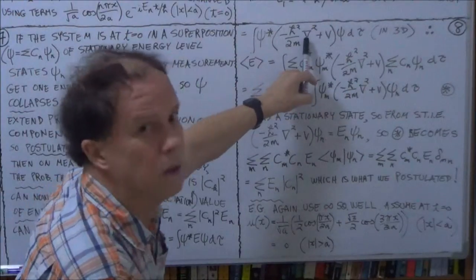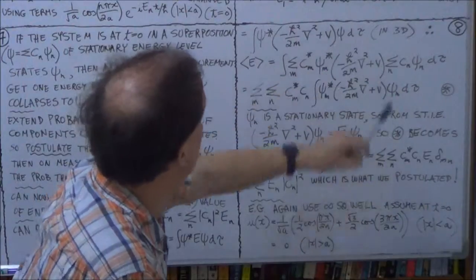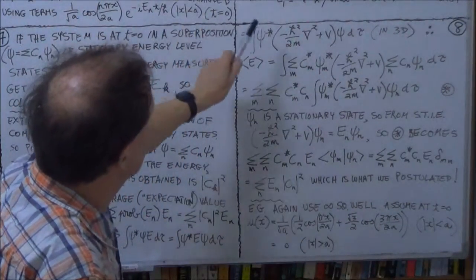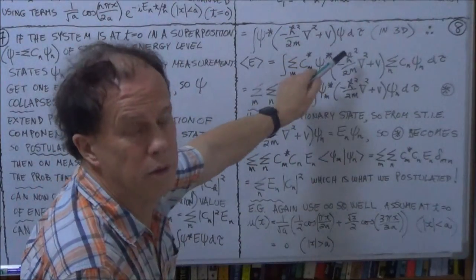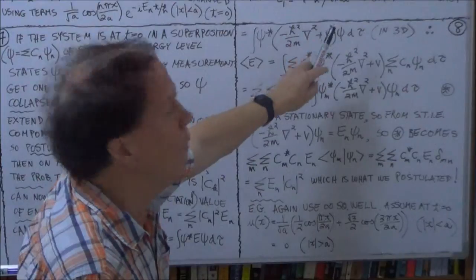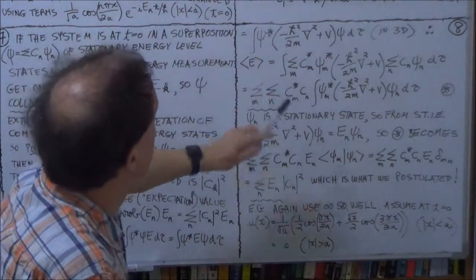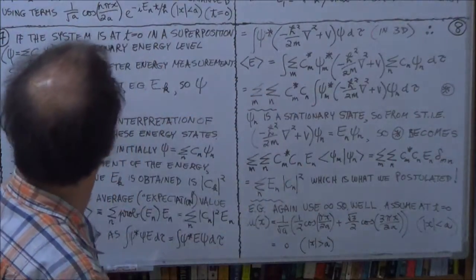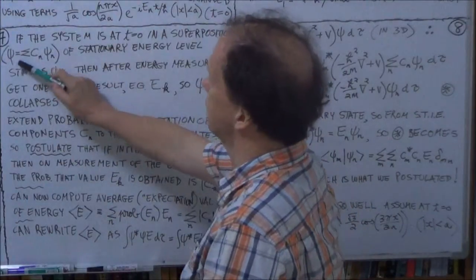So you've got a del squared here from vector calculus. All right. So we have this expression here now for the average value, or the expectation value, same thing, of the energy. Now for psi, we can substitute this.